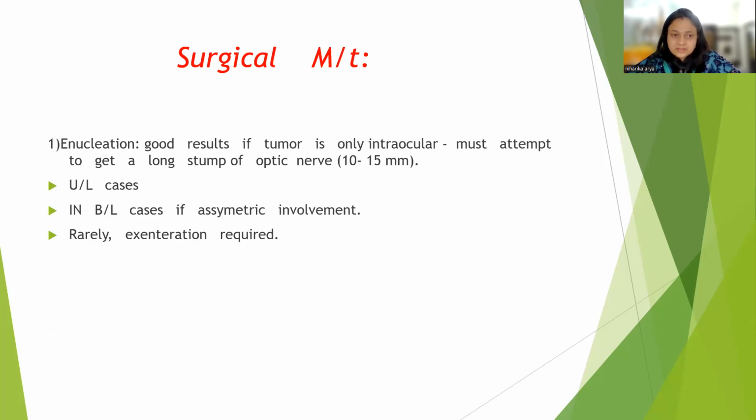Surgical management is enucleation. Enucleation means we remove the complete eyeball along with the optic nerve. Enucleation gives good results if the tumor is only intraocular. We must attempt to get a long stump of optic nerve, that is 10 to 15 mm.